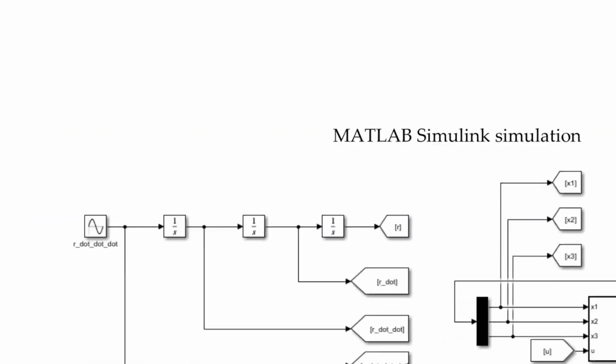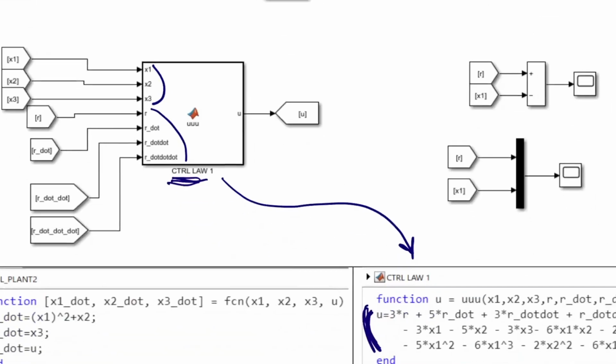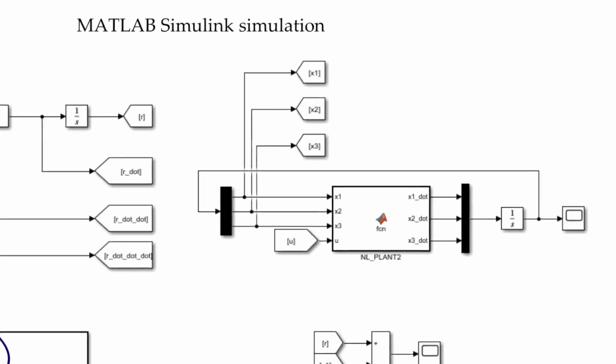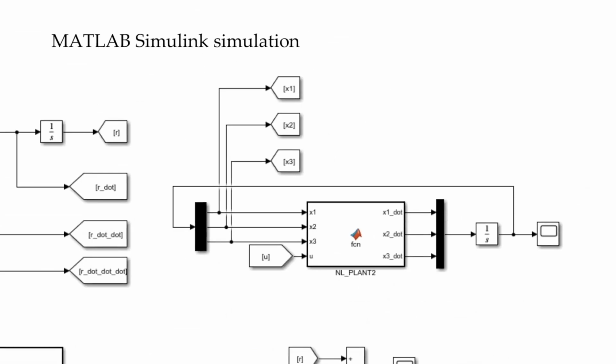Okay, so let's look at the third block, and this is basically the system. Here we can see states and also the input provided, and x dot being generated, and we need to take the integral of it to generate x, right?